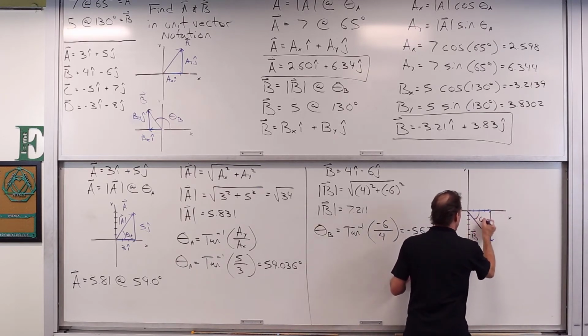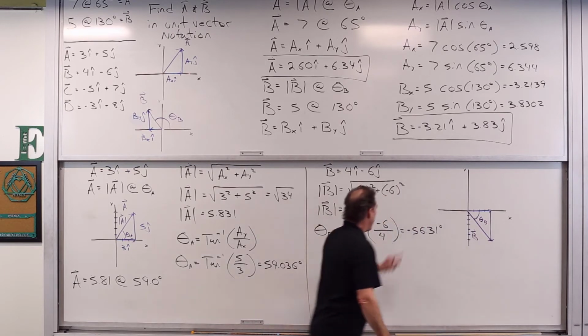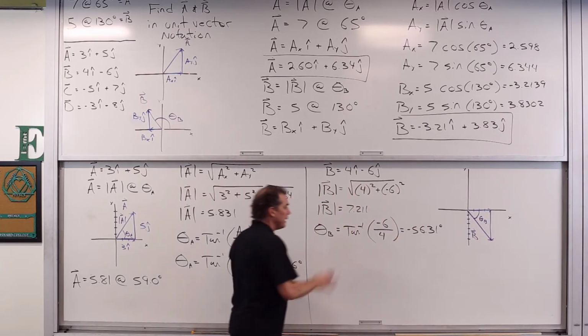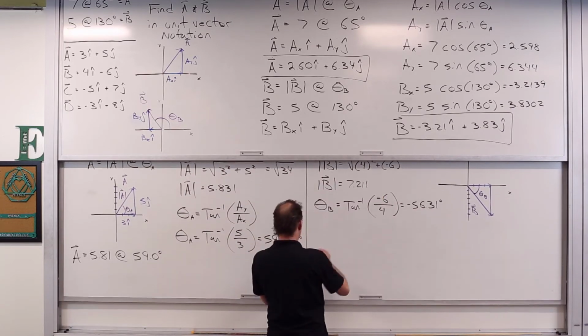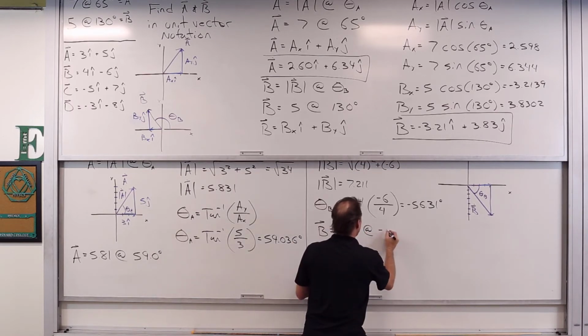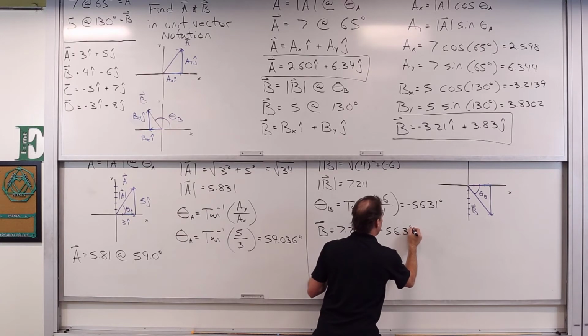This is theta sub b. Negative sign below the positive x-axis. So in the end, everything looks good, and I would just go ahead and say that b hat is equal to 7.21 at negative 56.3 degrees.